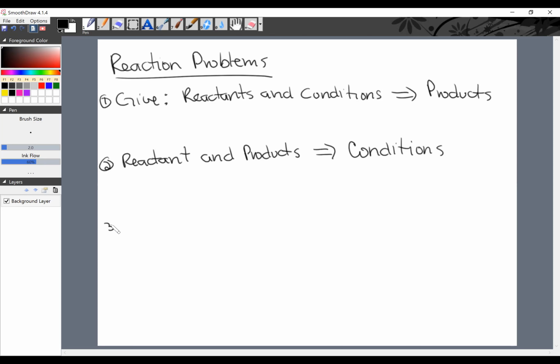Then last but not least, I am going to give you just the products, or the products and the conditions, and you'll tell me what you started with.